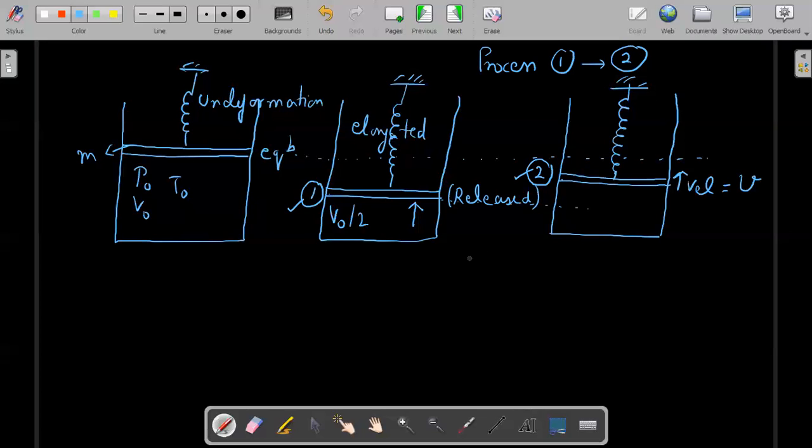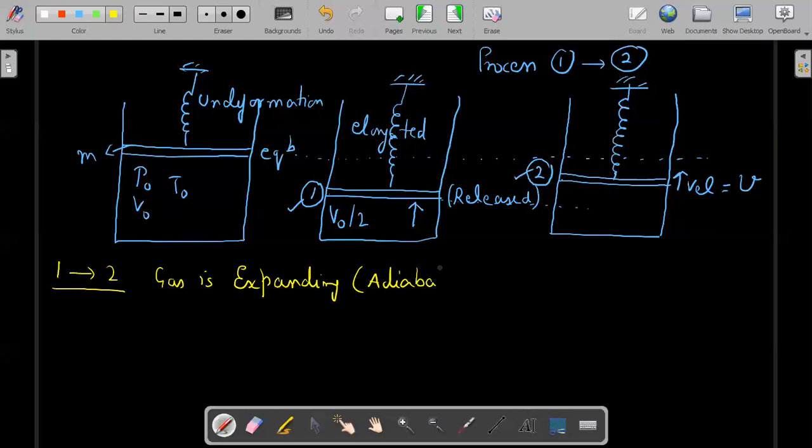Okay. Now, during the process from 1 to 2, the gas is expanding. There is expansion, and the expansion is adiabatic, given in this question.